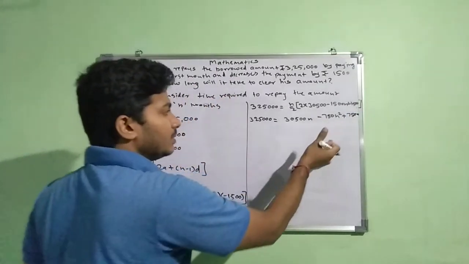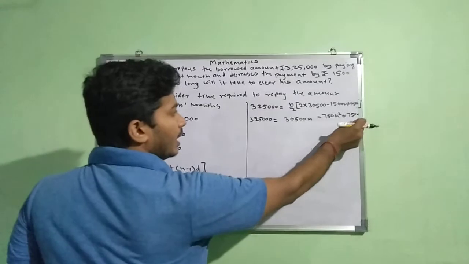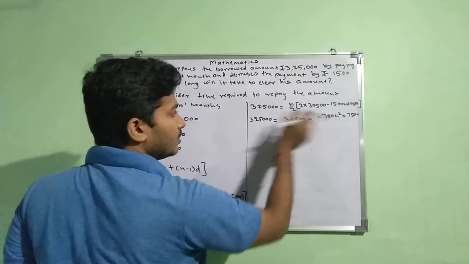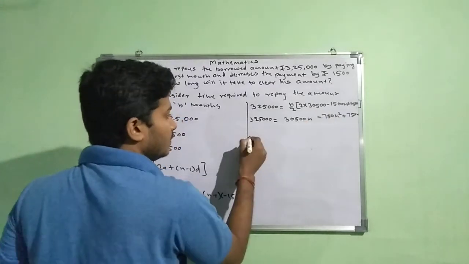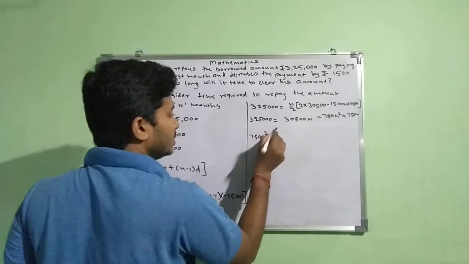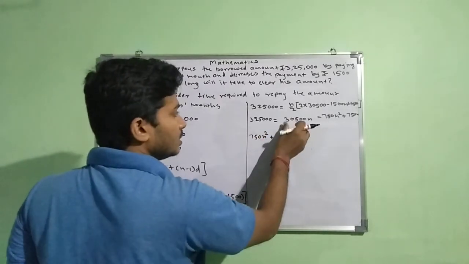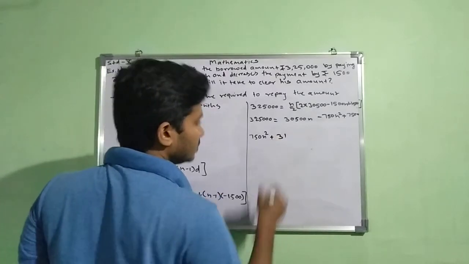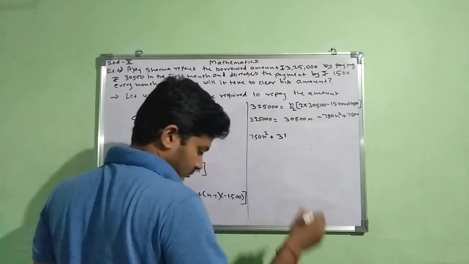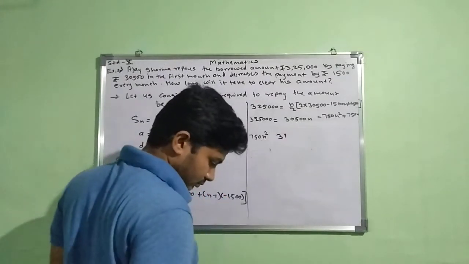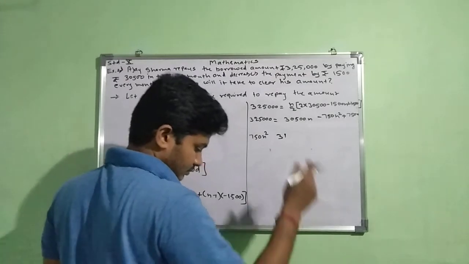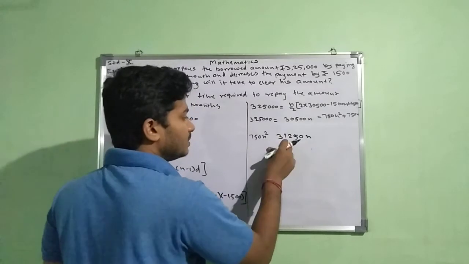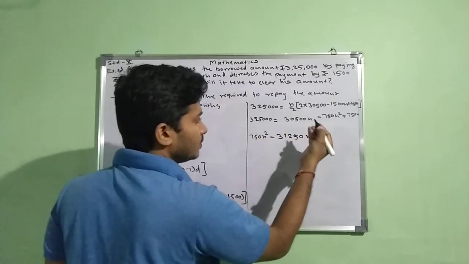Now we will shift the complete terms towards the left hand side and we will add that 750 and 30,500. So if you shift that term over here, the negative 750n square will become positive 750n square, plus addition of these two terms will be 31,250n, and the term 3,25,000 whenever you shift it to the left hand side it will become negative.